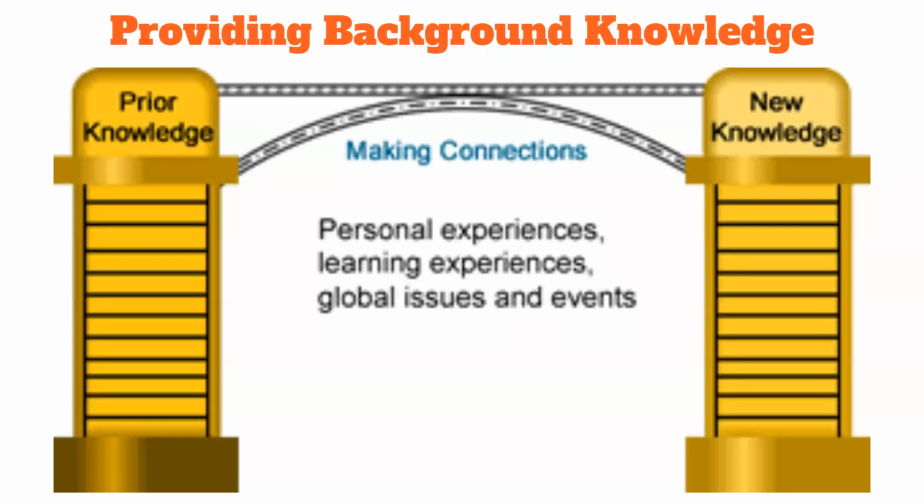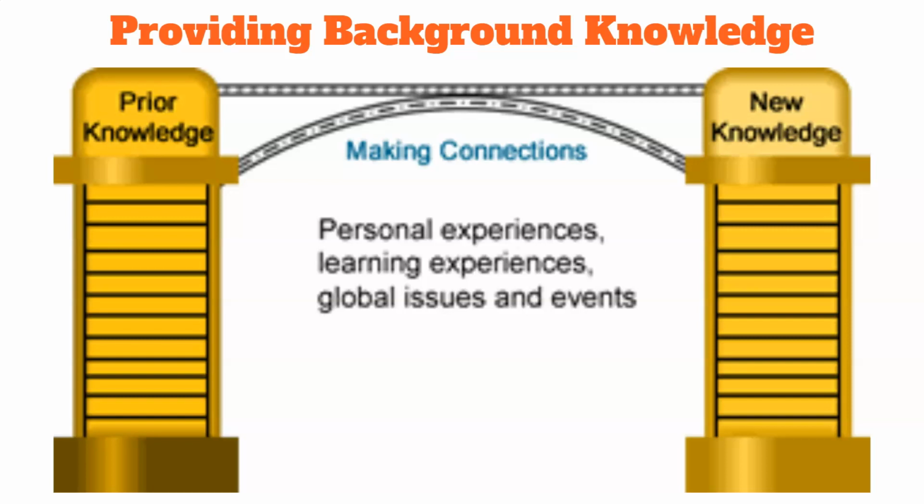Okay, so the next strategy that we're going to talk about, and we talked about this also in module 11 when we learned about the components of the SIOP model, is the importance of providing background knowledge for students. So we think of background knowledge as a bridge, and the bridge connects and supports what the students already know to their new learning.